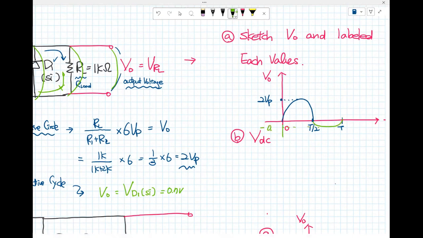That was minus 0.7 volt. And then the V sub DC, that part is 2 V sub P divided by pi. Why? That was the half wave rectifier. And that was minus 0.7, the peak voltage divided by pi. I'm going to skip the calculation. That was V sub DC.